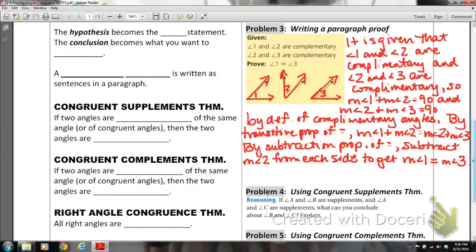So by definition of congruence, we can say angle 1 is congruent to angle 3. Because if you remember, congruence just states that two angles are congruent if their measures are equal. So now we have proven the statement that they've asked us to prove. Angle 1 is congruent to angle 3.